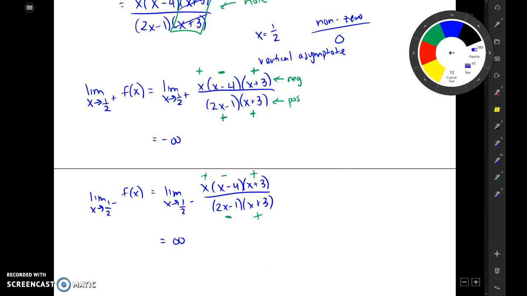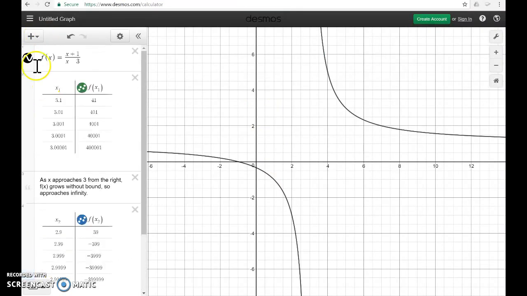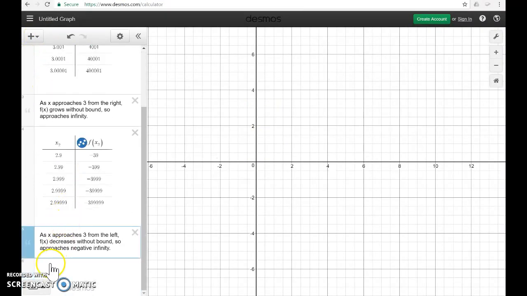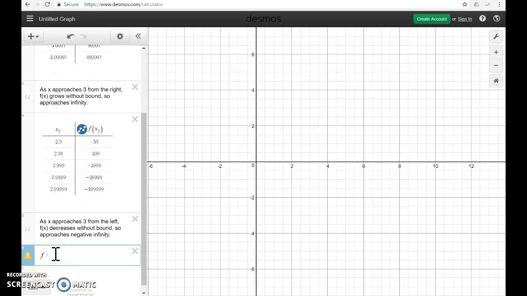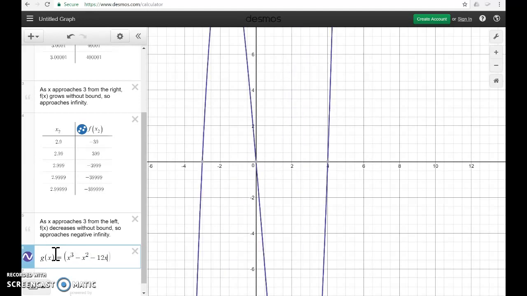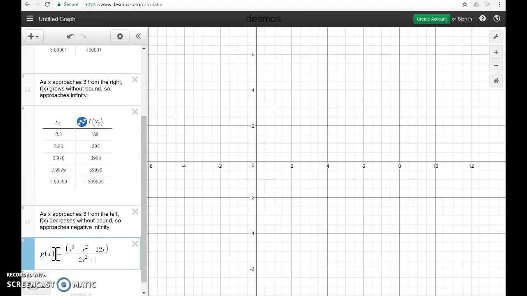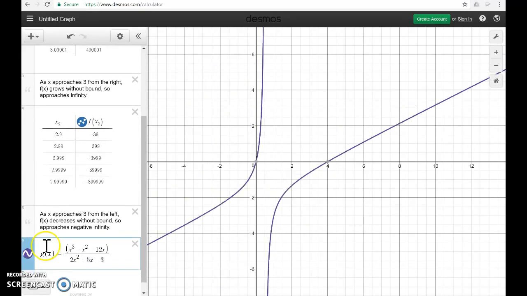Let's go ahead and double check our answer by going into Desmos again. I'm going to hide that graph so that we can graph another one. Typing in my f of x, actually I should do g of x because I already defined f of x to be something else. So again, it was x cubed minus x squared minus 12x divided by 2x squared plus 5x minus 3.